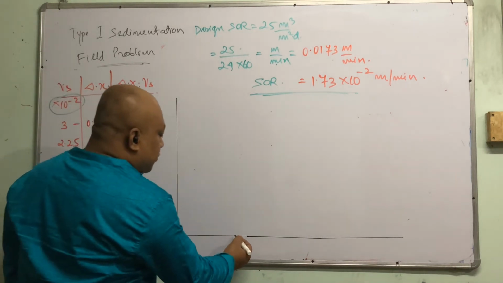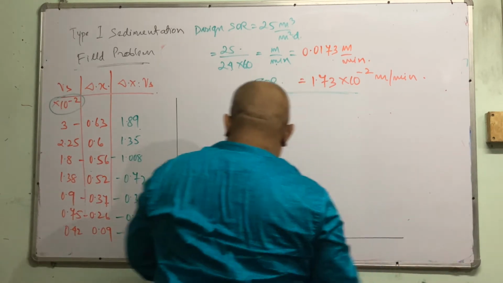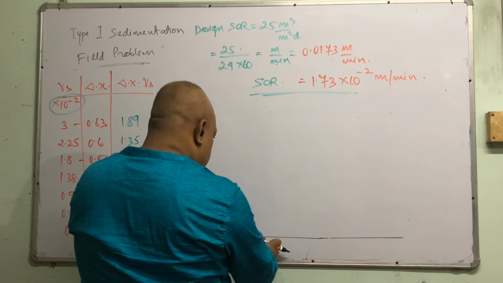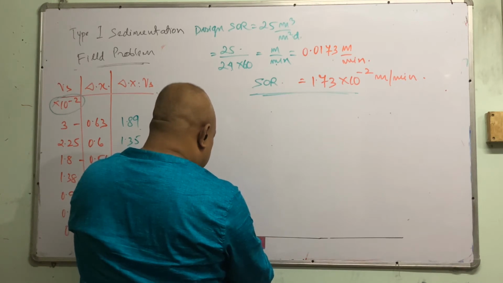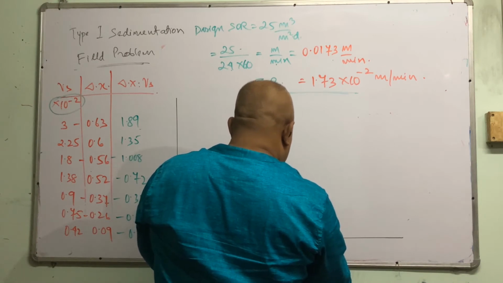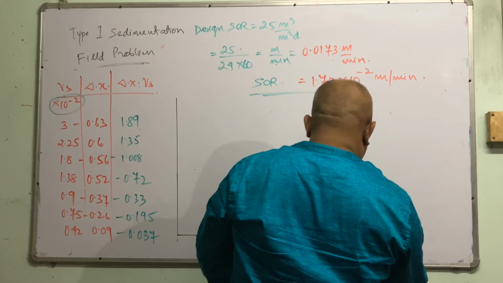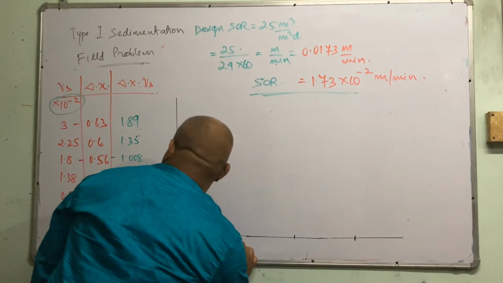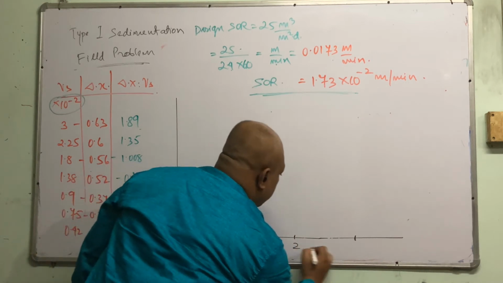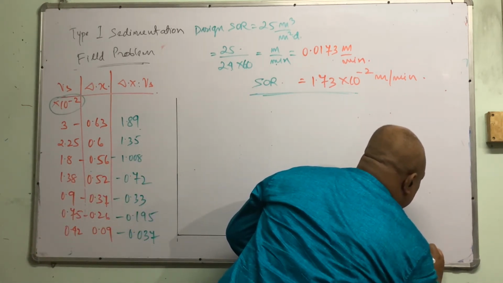Roughly, let me make it around 20 centimeter. This is 1, this is 2, and this is 3. This is going to be settling velocity into 10 to the power minus 2.